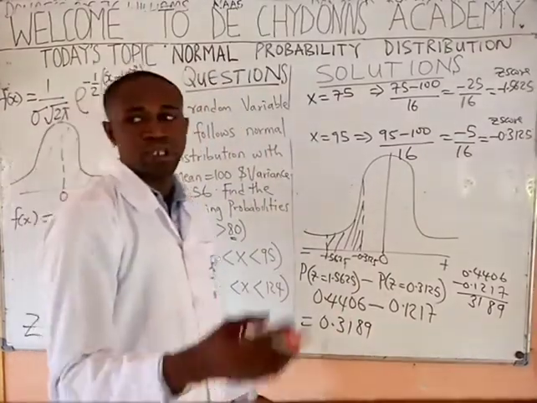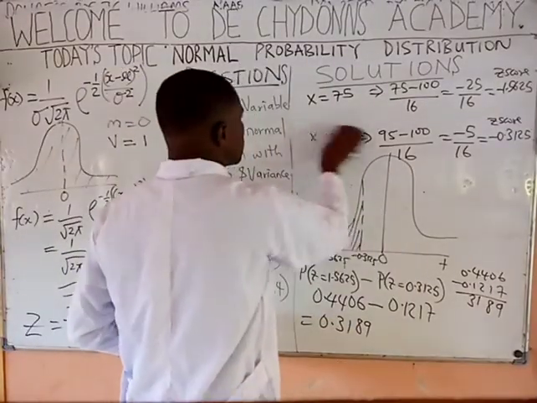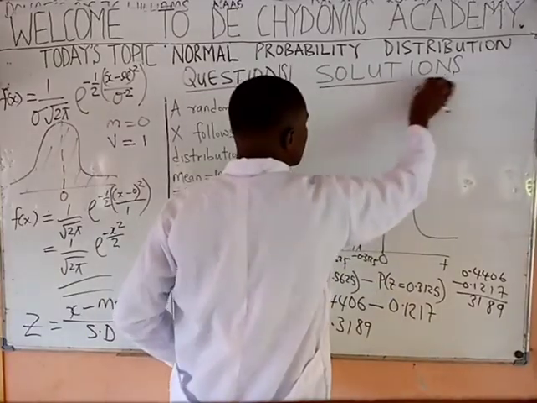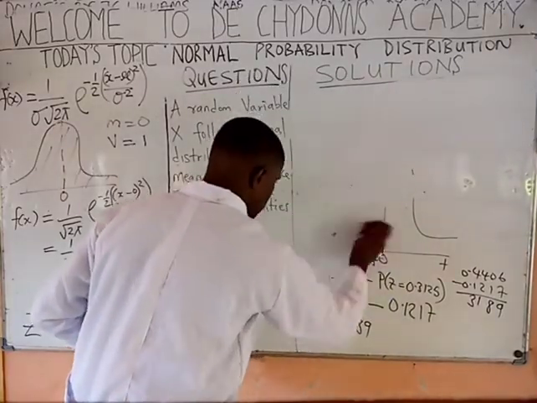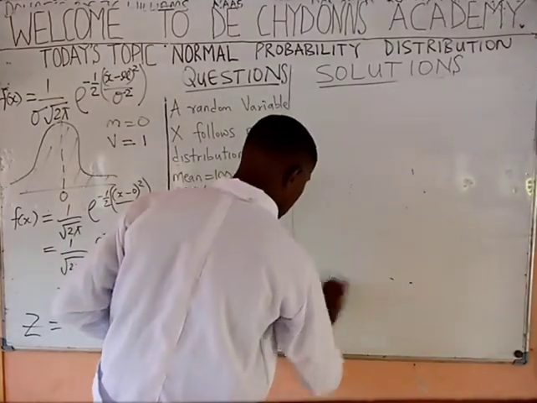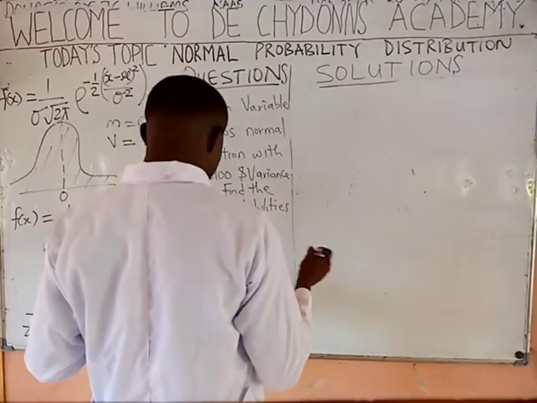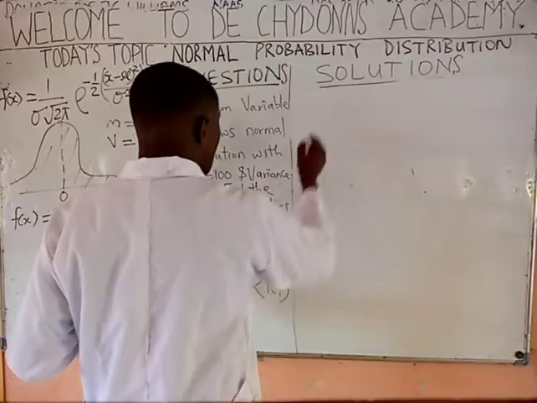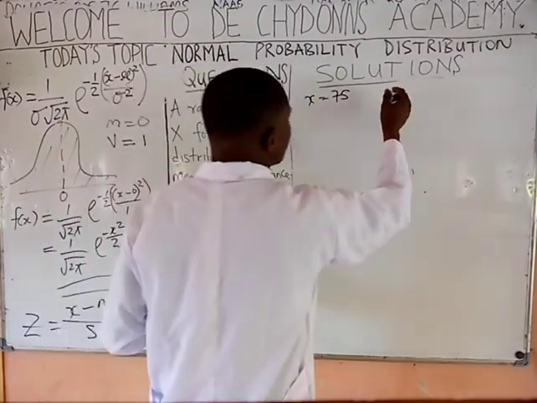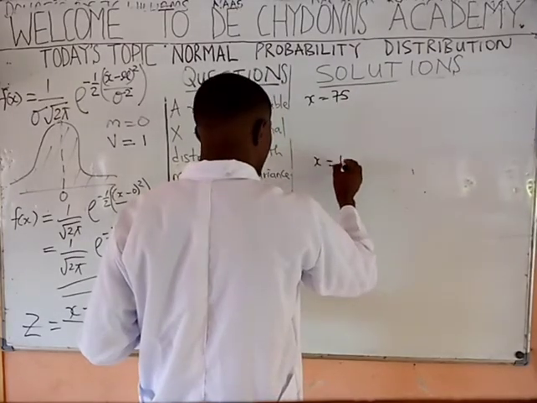We solve the next question. Now, to solve the next question, we also get the z-score when X is equal to 75 and also when X is equal to 124.